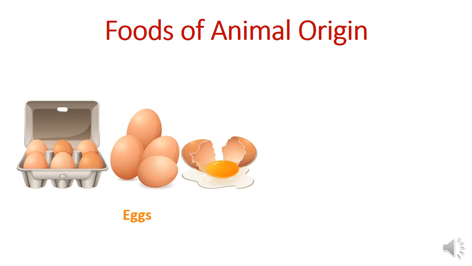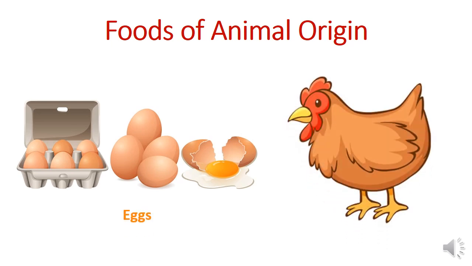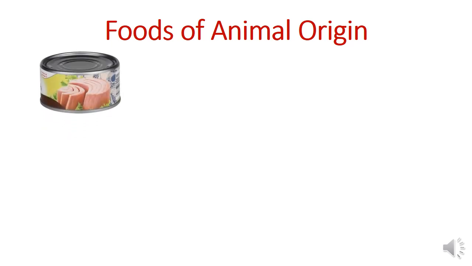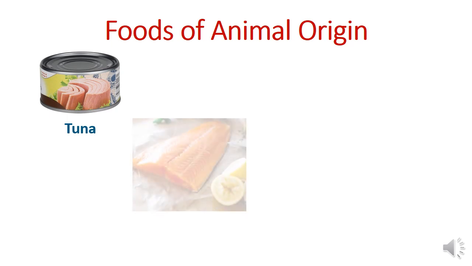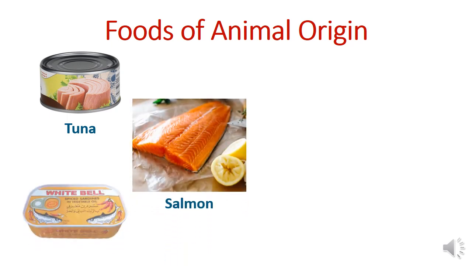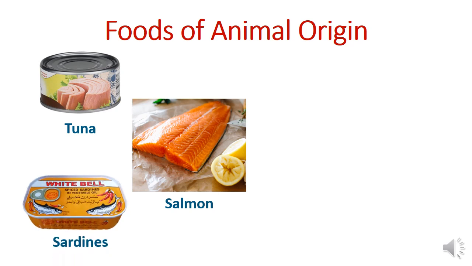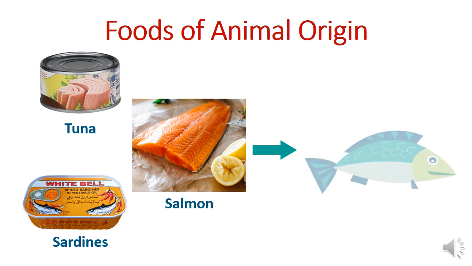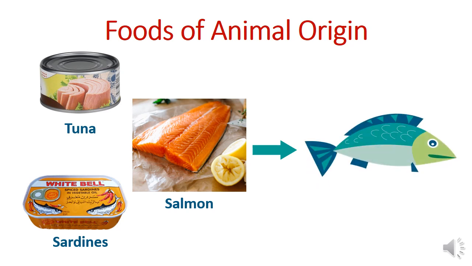The eggs come from the chicken also. What is this? This is the tuna and the salmon and the sardines. All of these are kinds of what? Kinds of fish. So it is also of animal origin.